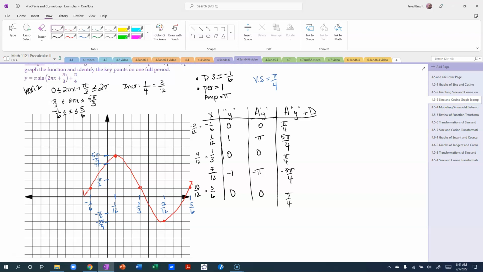Okay, so a little bit more interesting one to set up, but still using the same steps as what we saw of finding that horizontal placement first, and then finding period and phase shift along the way, finding the increments that we would use on our graph, and then with those x values of the key points known, find the y values using the multiply by a and add d approach. Okay, so we're all set to graph sine and cosine now and their transformations.